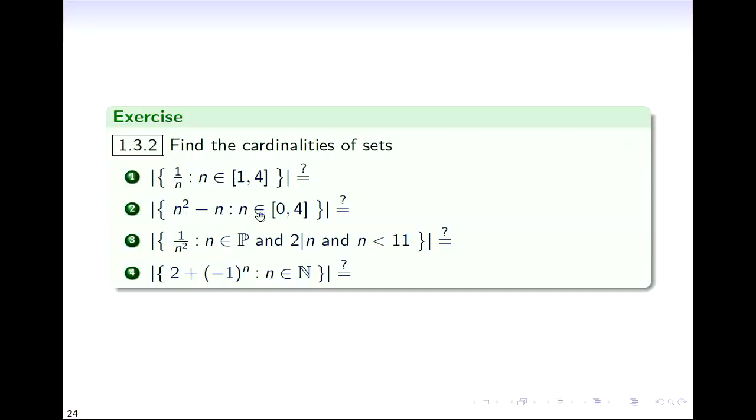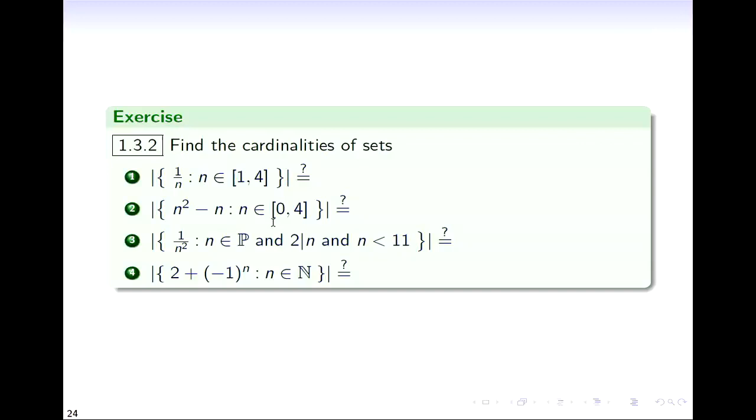How many elements do we have in this set? n squared minus n. Again, n comes from this interval 0 to 4. Is it again 4? Is it 3? Yes, it is 4. It is not 5, although we have 5 possibilities for n.